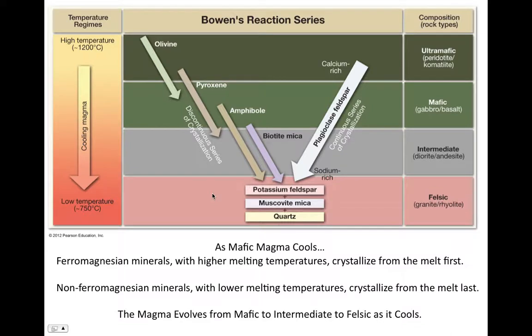So as mafic magma slowly begins to cool, ferromagnesian silicates crystallize and settle out of the melt, removing iron and magnesium from the melt, depleting the melt of iron and magnesium and enriching it in silica, thus slowly transforming the melt from mafic in composition to intermediate to felsic.